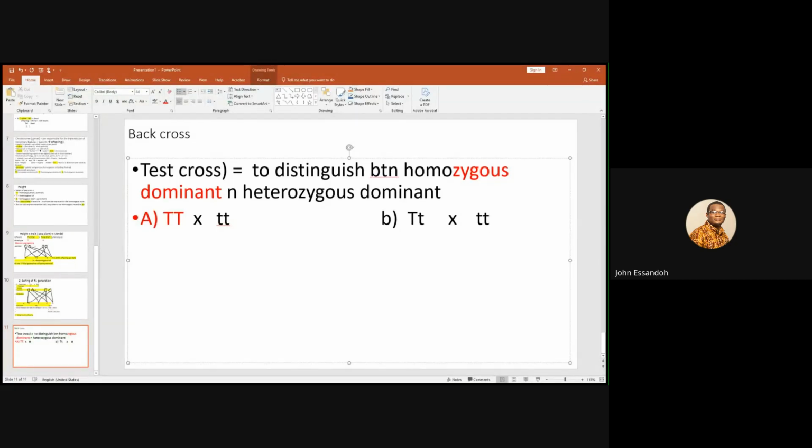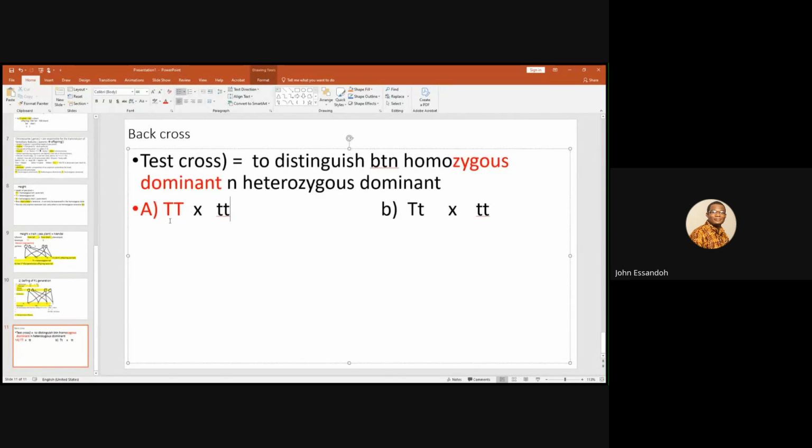So the ladies, please do this one for me and give me the phenotypic and genotypic ratio. And then the gentlemen, please do the B one and give me the phenotypic and genotypic ratio. Your time starts now.